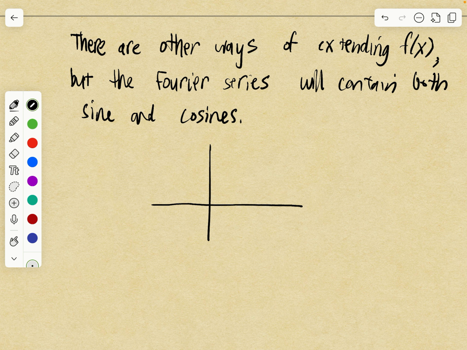So for example, here's your original function again, f of x equals x from 0 to pi. You could define it to be 0 from -pi to 0. This is a perfectly good function that extends your original function f, and then you just repeat forever.